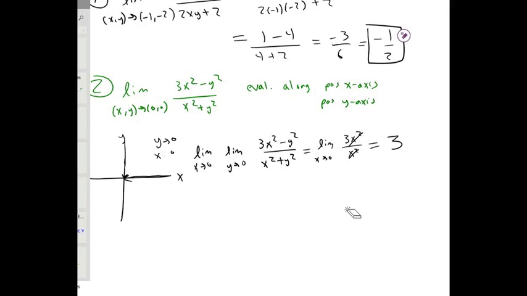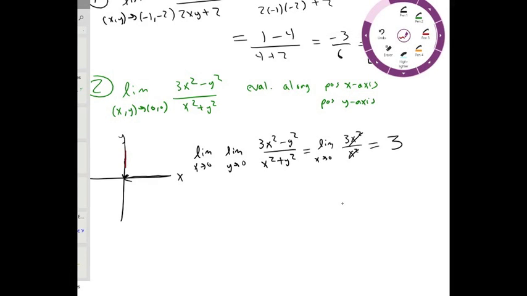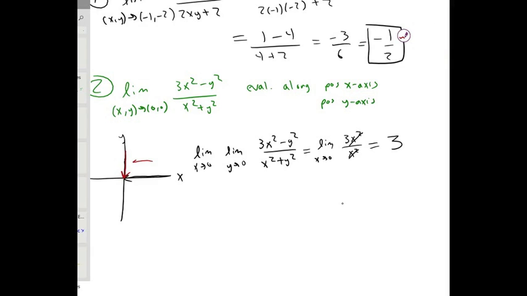But if we're going to go along the y-axis, we first have to have x approach 0, then have y approach 0. So we'll have the limit switched here. x approaches 0 on the inside, y approaches 0 on the outside.